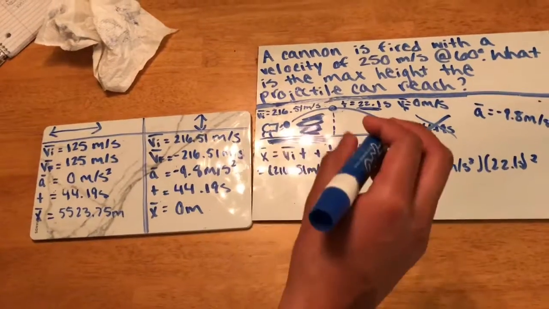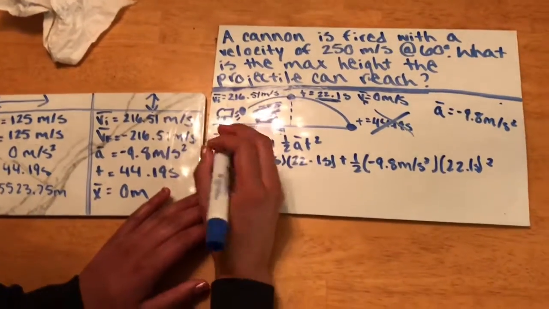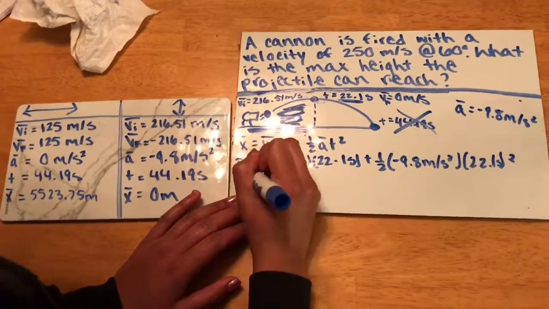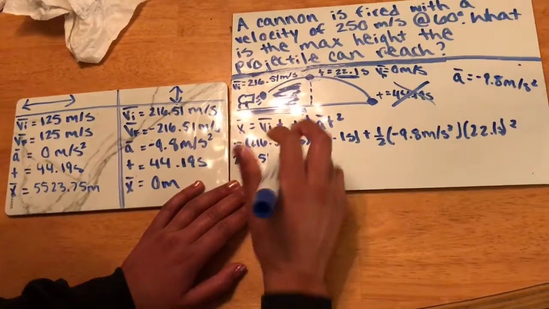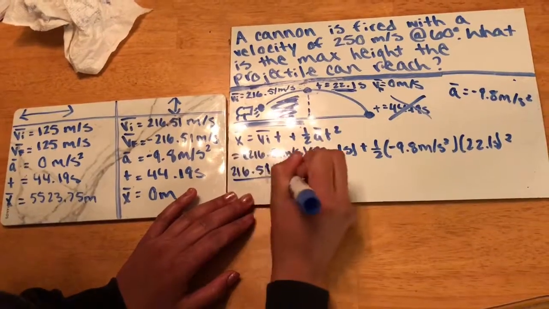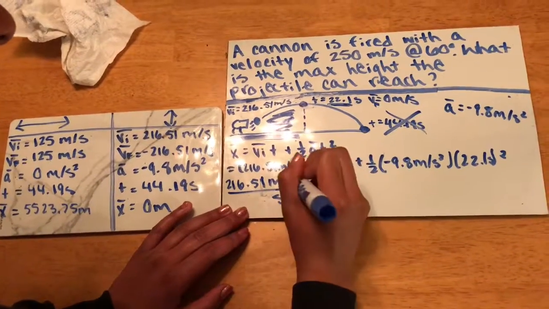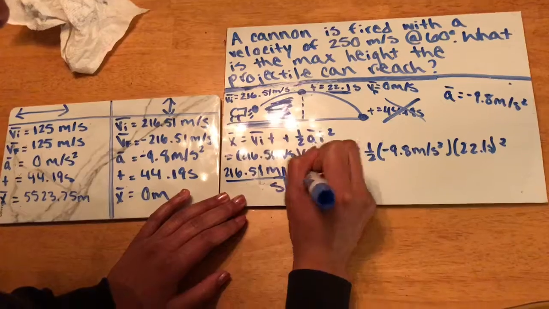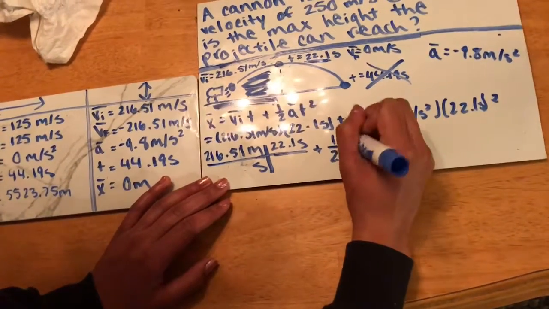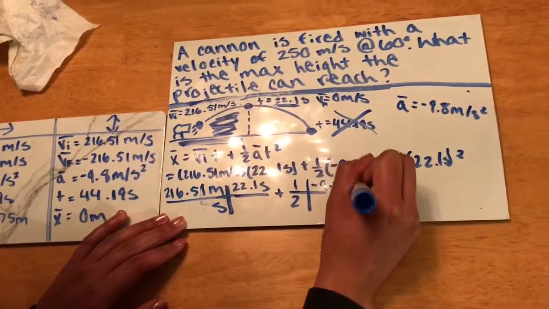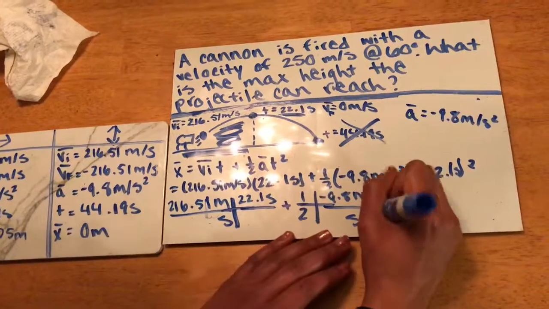We can put that into unit analysis so it's easier for us to cancel everything out. So we have 216.51 meters per second times 22.1 seconds plus half negative 9.8 meters per second squared.